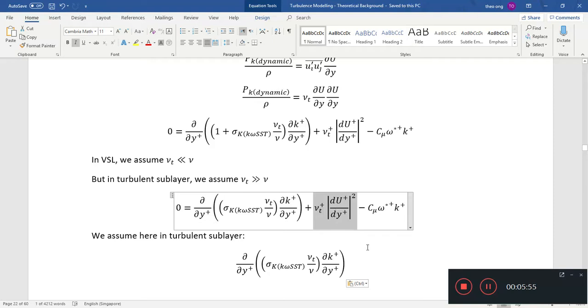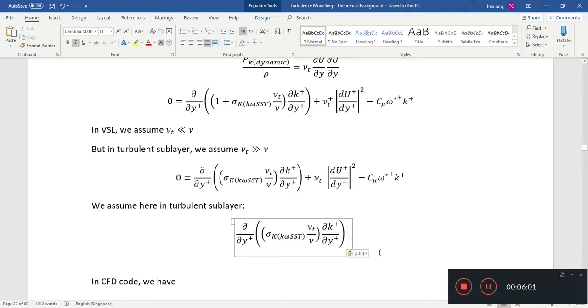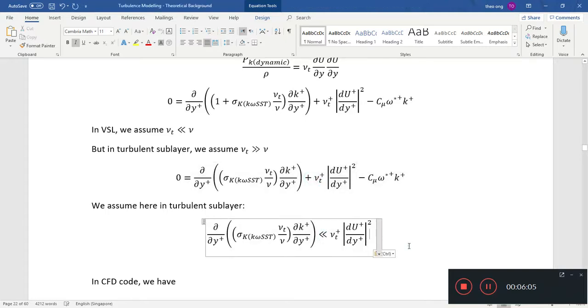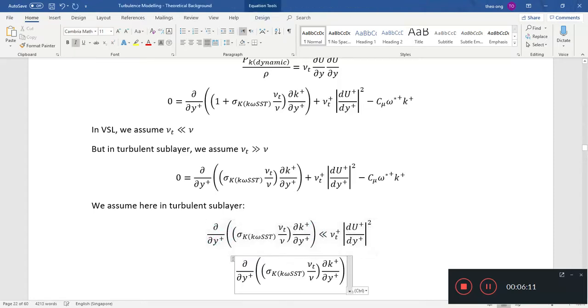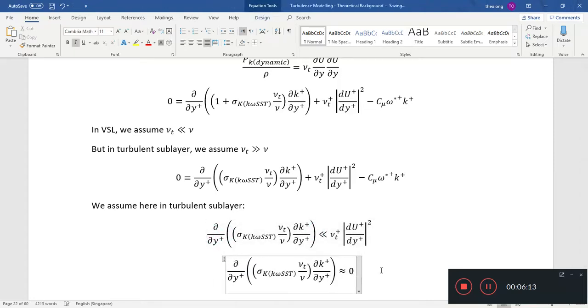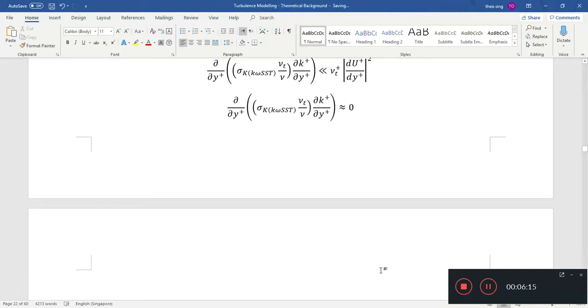This one is the Reynolds stress. So the diffusion of turbulent kinetic energy is much smaller than this. So in the turbulent sublayer, we can almost approximate this as 0.